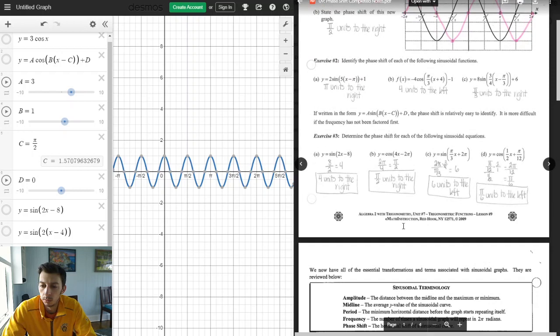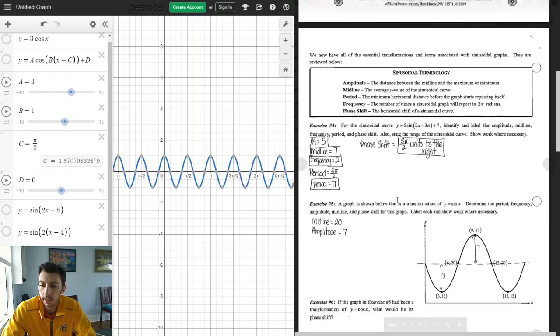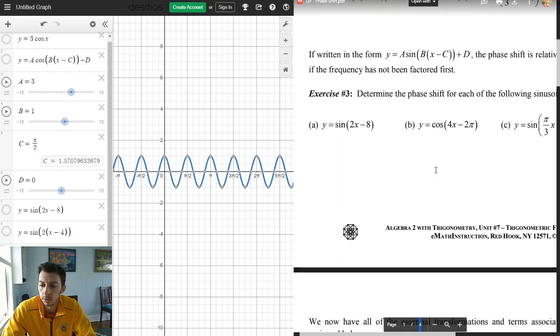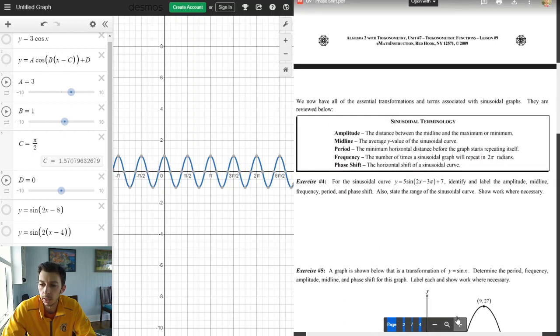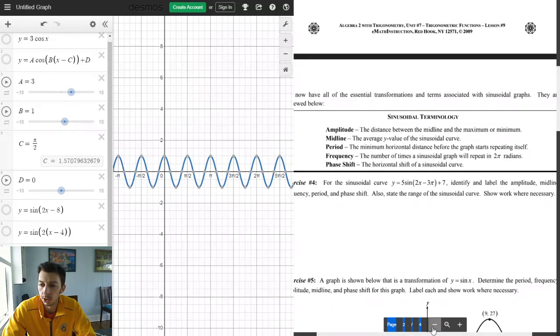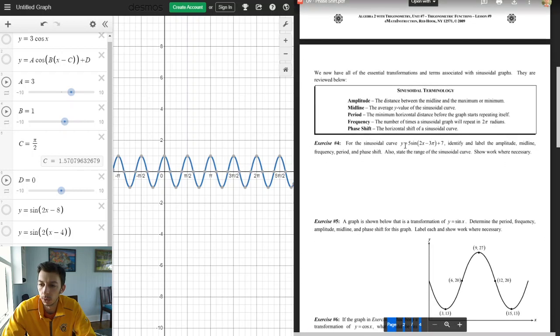So moving on, here I'll just go to the blank copy, we have this terminology that we want to be comfortable with: amplitude, midline, period, frequency, phase shift. Let's just talk through those really quickly in this example. So I got a whole bunch of stuff here on Desmos.